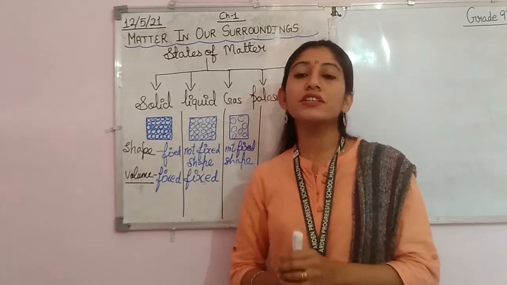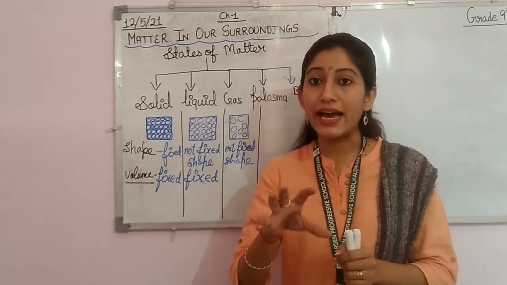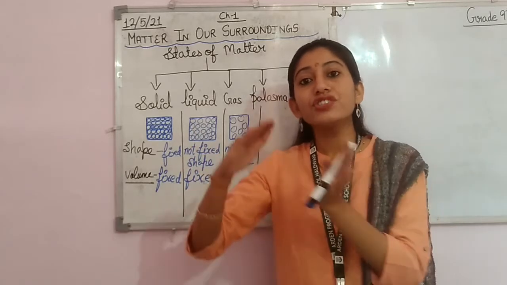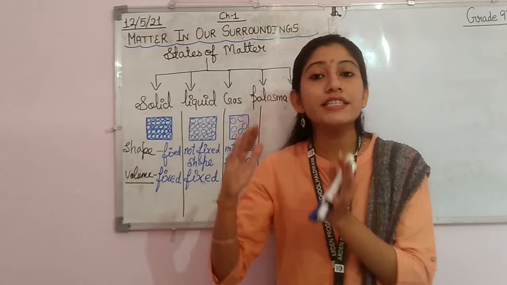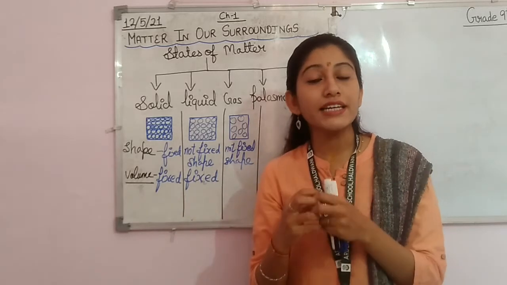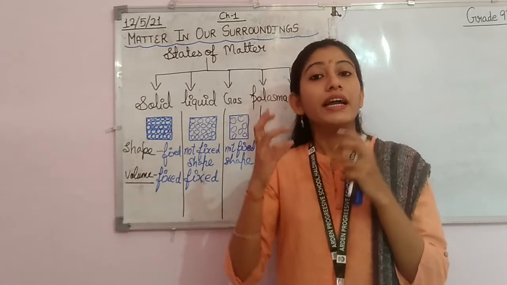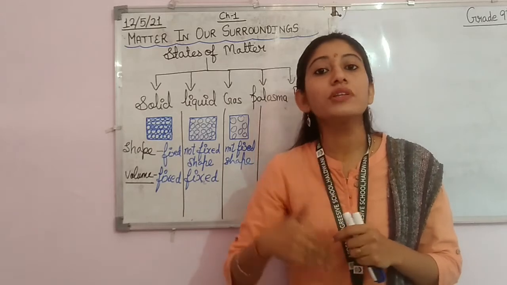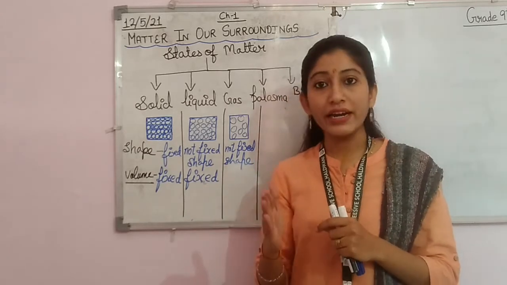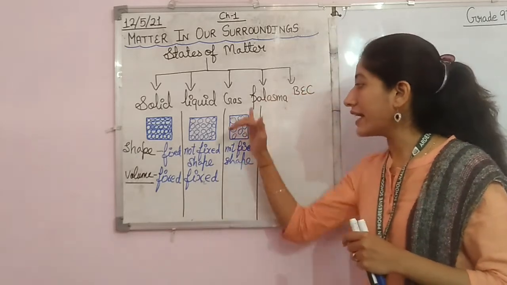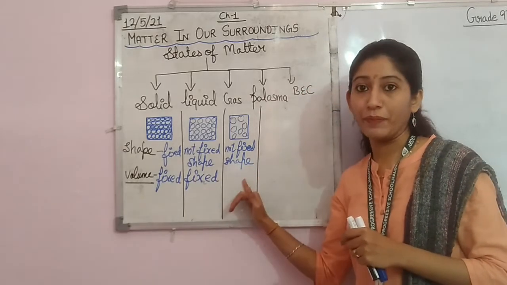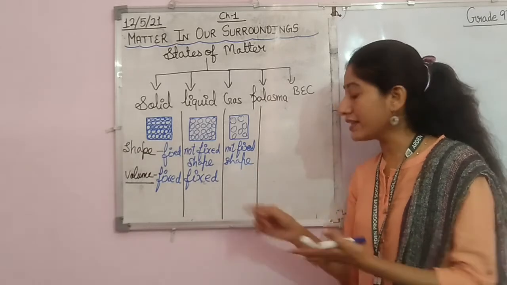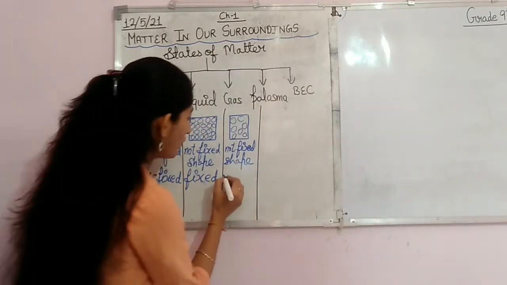Gas has a capacity to change its volume, because earlier the gas was in a big container, but when we change the size of the container, it is still able to fill it completely. So the gas can change its volume according to the container. From here we can say that gases do not have a fixed volume.